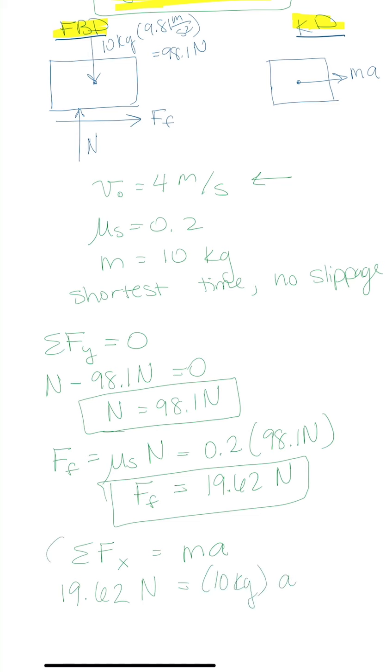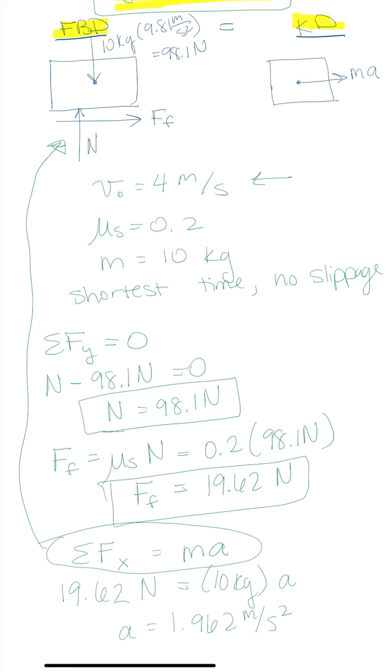How I got this equation was just from looking up here at the free body diagram, because you set that equal to the kinetic diagram. And so we get the acceleration equals 1.962 meters per second squared.